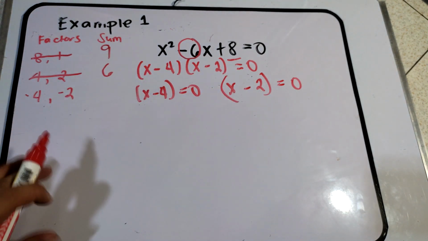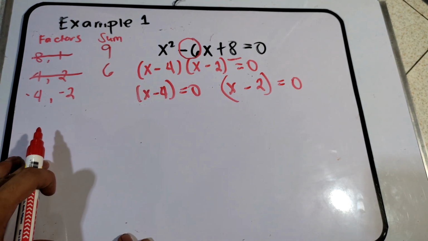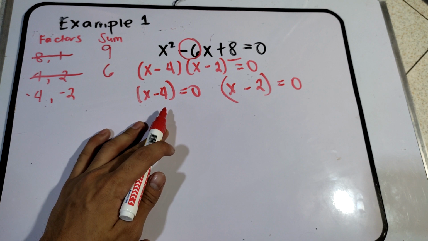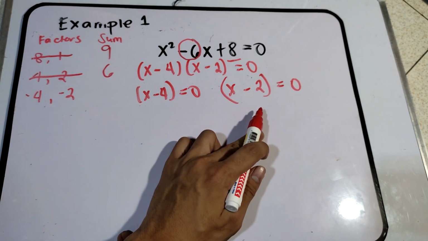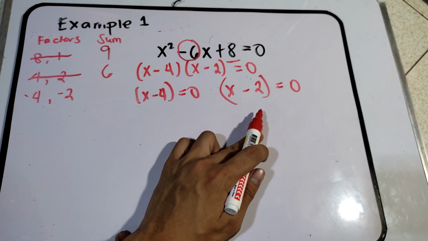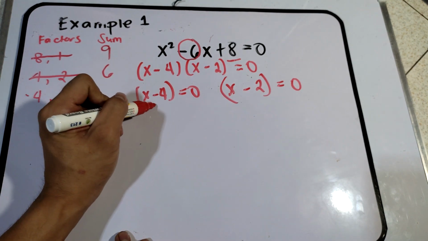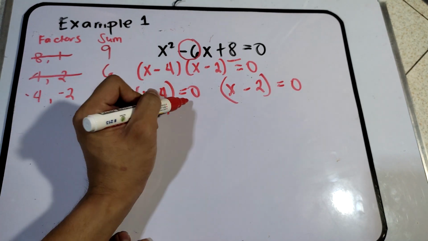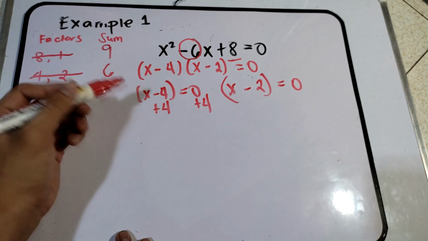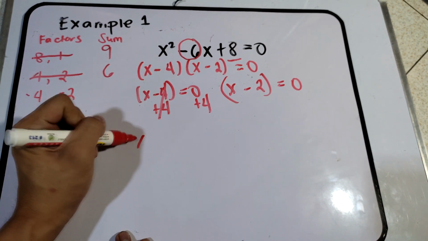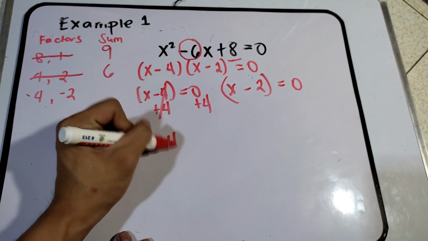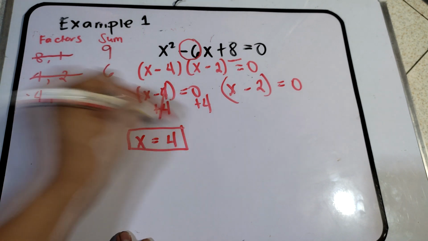Next step is we will eliminate negative 4 and negative 2. So, anong gagawin natin? Addition property of equality. Add both sides by 4. So, cancel. x is equal to positive 4.